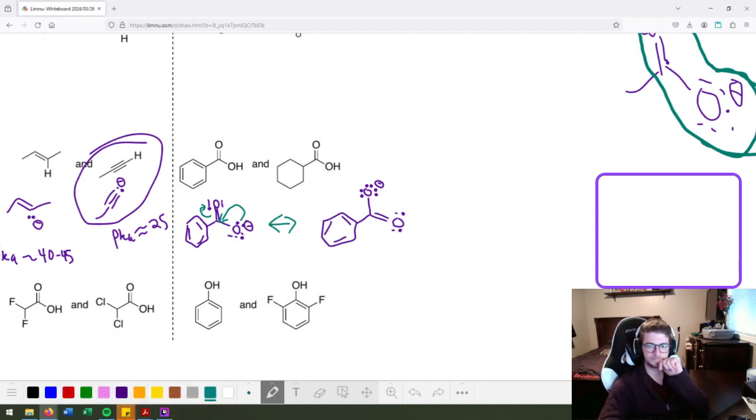I wonder. All right. So, what I'm getting from this: 4.9 to 4.2 pKa between cyclohexanoic acid and benzoic acid. That's a pretty small difference.